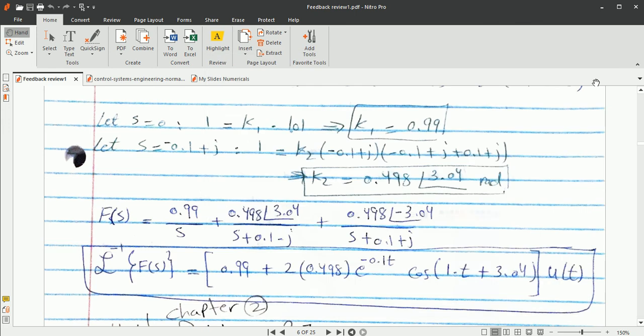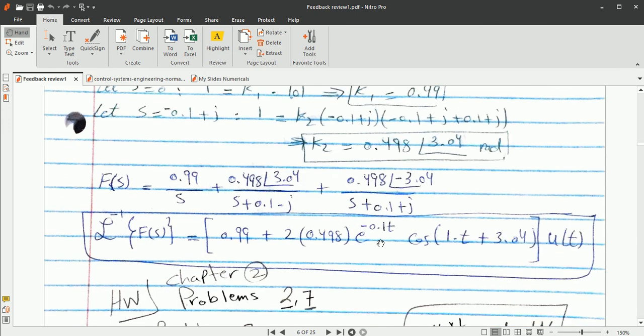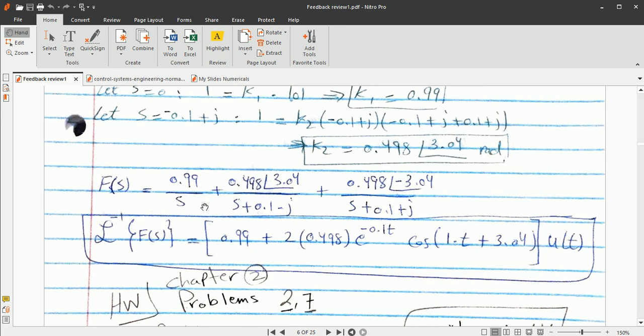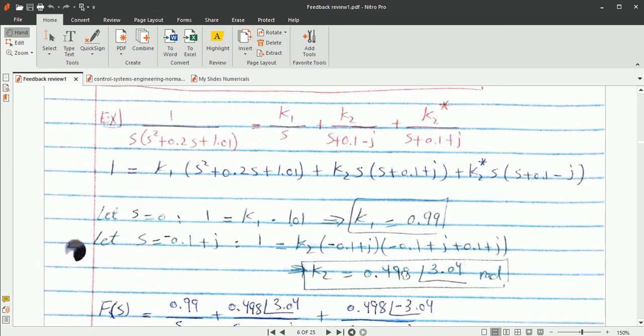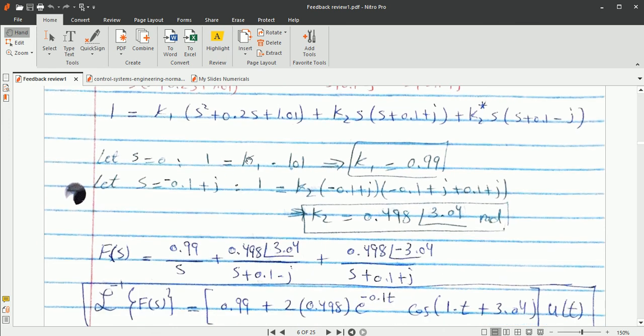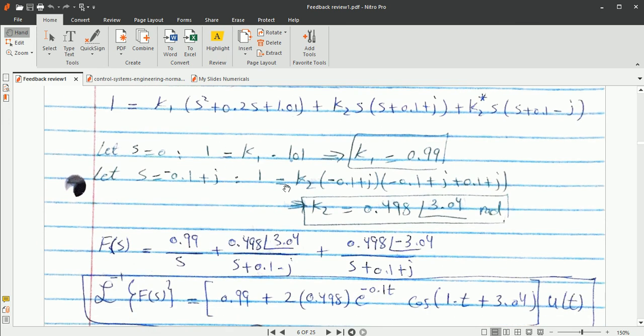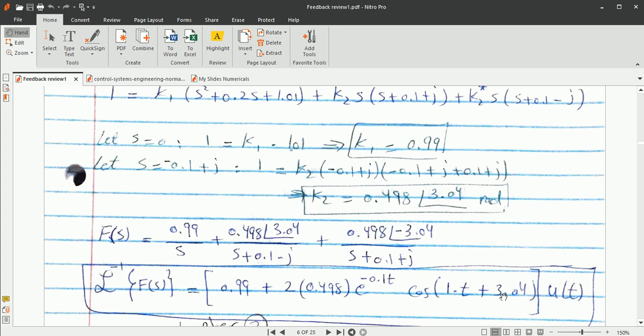So here if you take the inverse Laplace, you have the decay part e raised to the power minus 0.1 t, with a minus sign, and cos of omega t. You can see the frequency here, you have to determine it: you got 1 t plus 3.04.